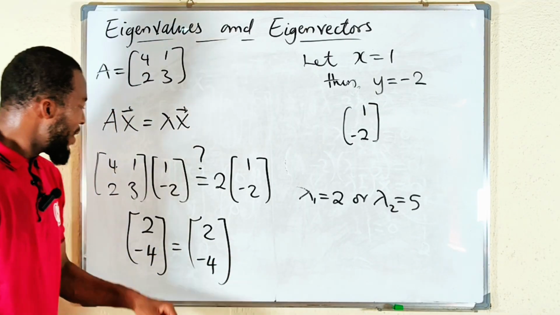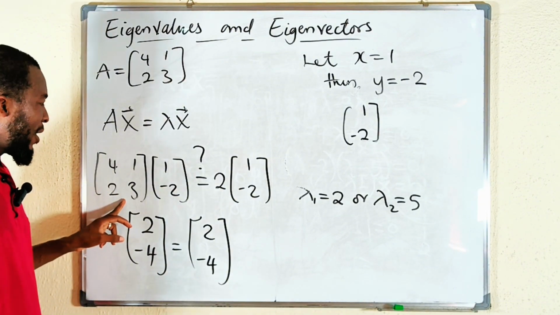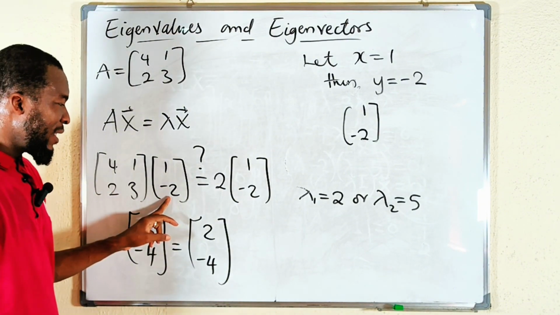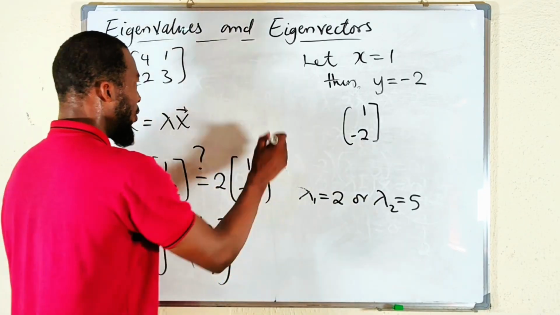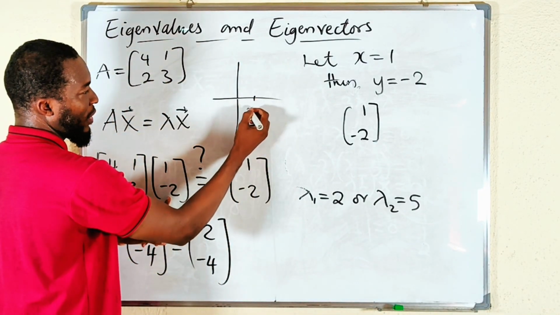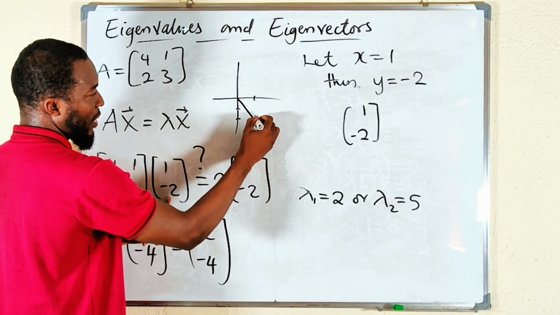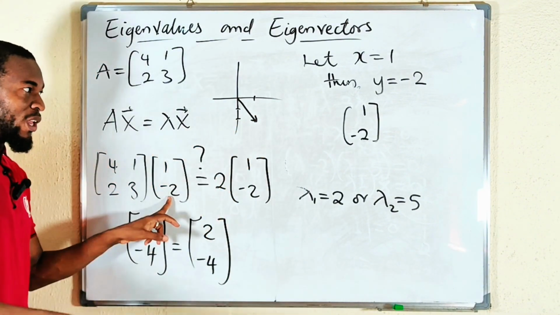So what does it mean? It means that instead of using this particular matrix to transform this vector, let me show you how the vector looks like. 1, negative 2. This is 1, 1, 2. This is negative 2. So we have a point here. This is the vector we are talking about.